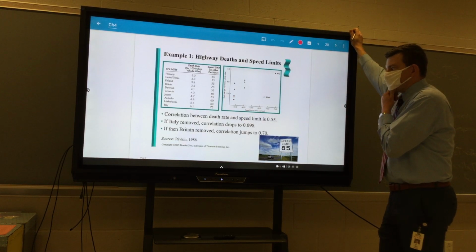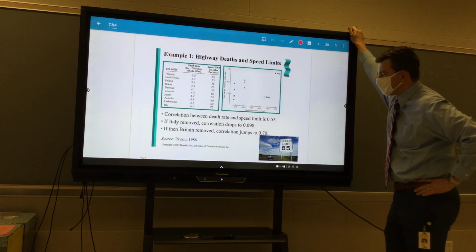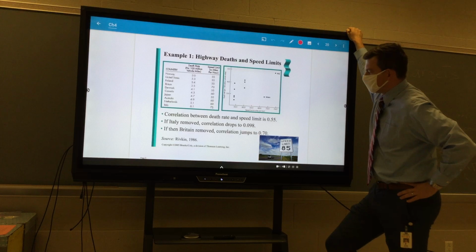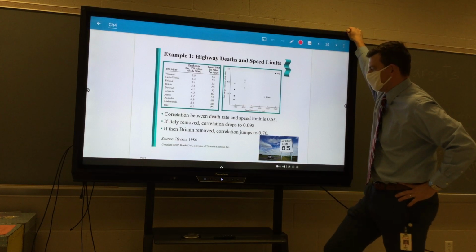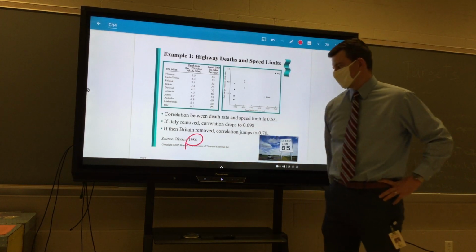To show you the impact that single values can have, I have a set here that's looking at the nationwide speed limit in miles per hour and the death rate on the highways for every 100 million vehicle miles. So this data was collected in the mid-1980s.